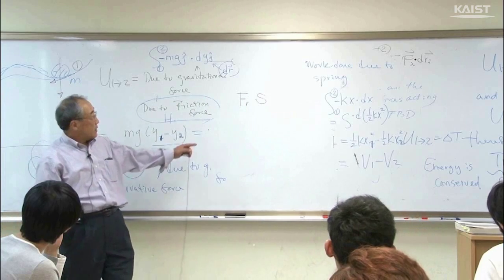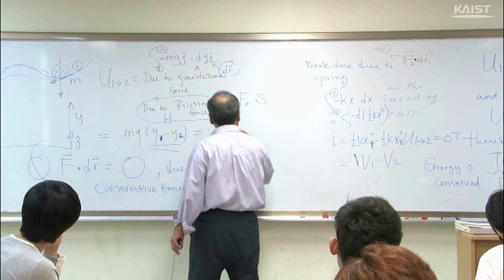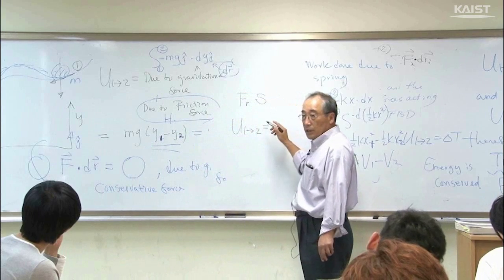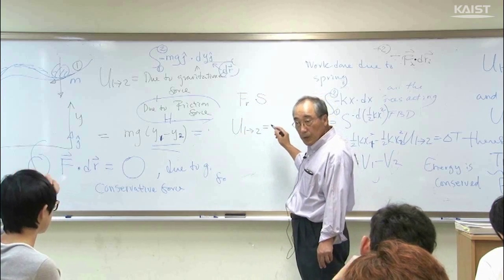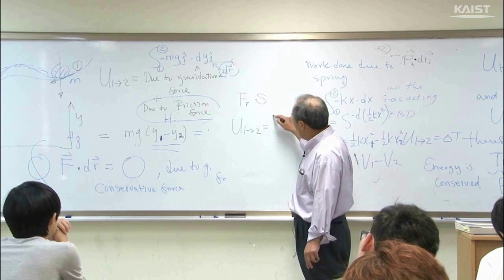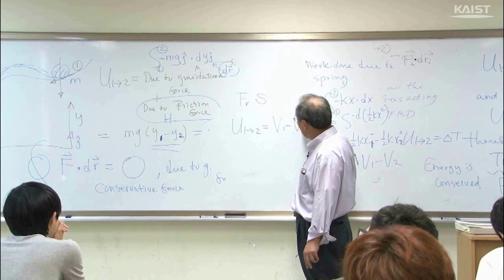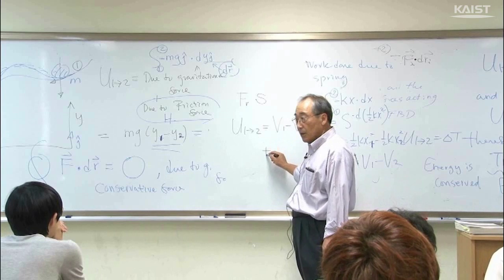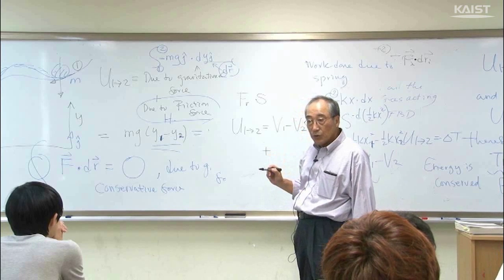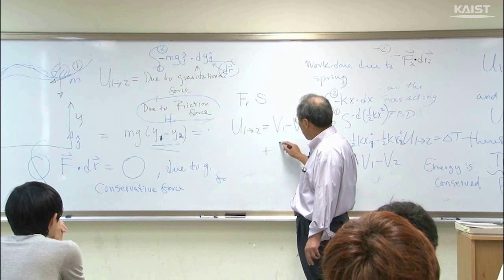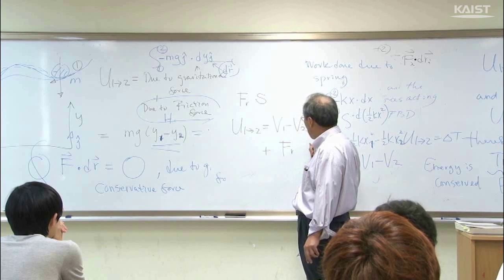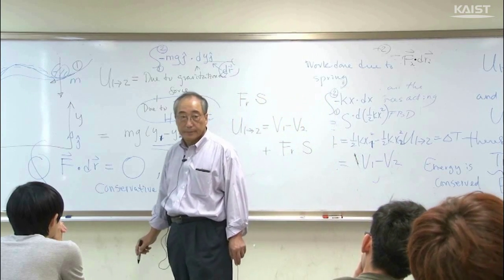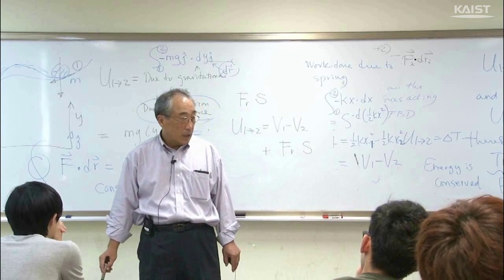In this case, work done from 1 to 2 is equal to V1 minus V2 plus work done due to friction, that is friction force multiplied by the distance S. Okay?